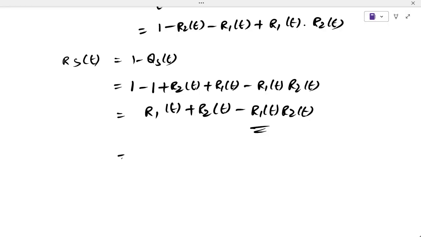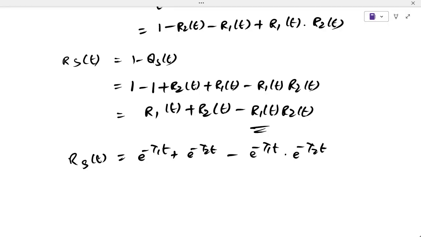Now I am substituting. Rs of t is equal to e power minus lambda 1 t plus e power minus lambda 2 t minus e power minus lambda 1 t into e power minus lambda 2 t.